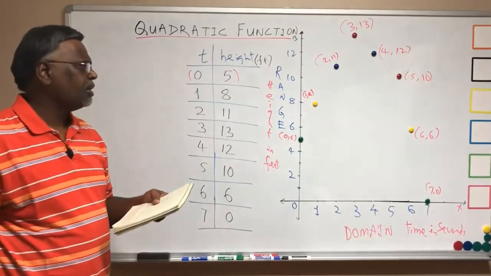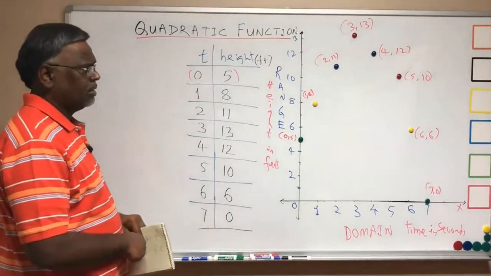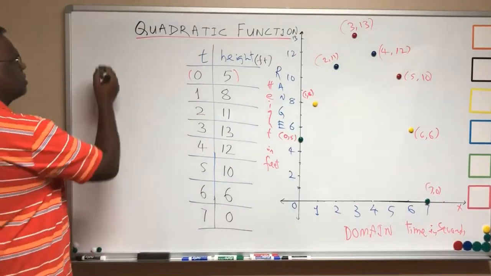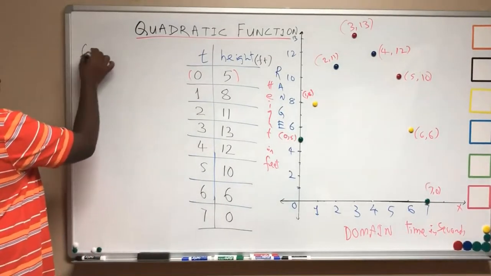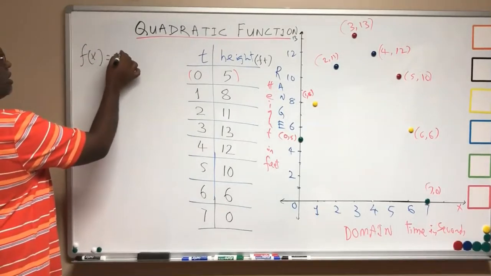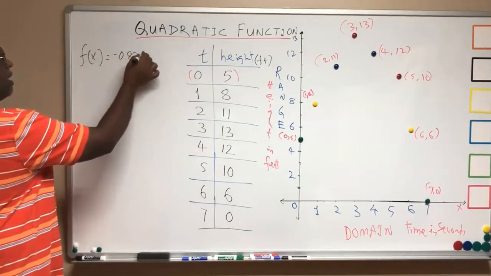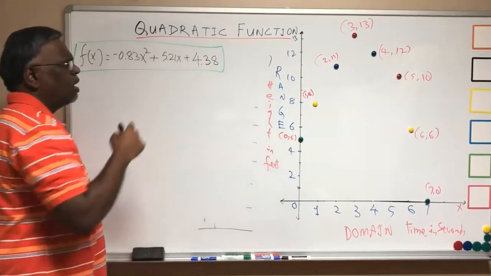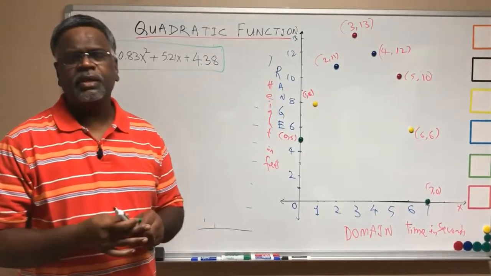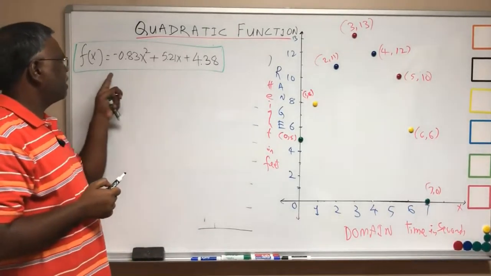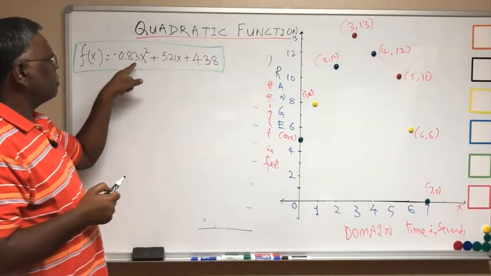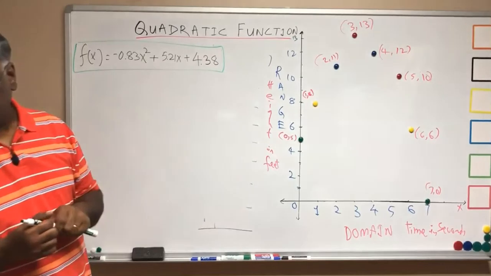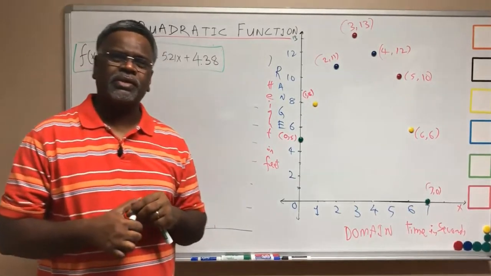When I gave it to the calculator or that online utility, I got this neat function, which says f of x is equal to negative 0.83 x squared plus 5.21 x plus 4.38. So this is the function.